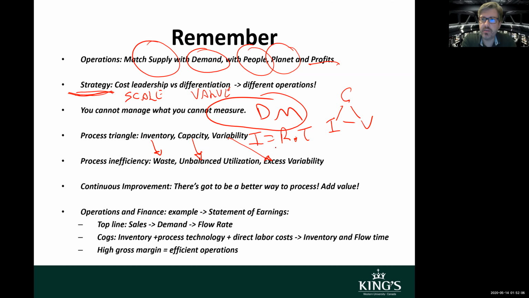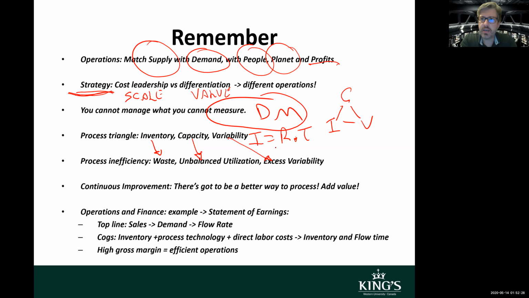Those three things should be avoided at all costs. And anytime an operations manager finds one of these, either waste, unbalanced processes, or excess variability, there needs to be a process improvement action of some sort.